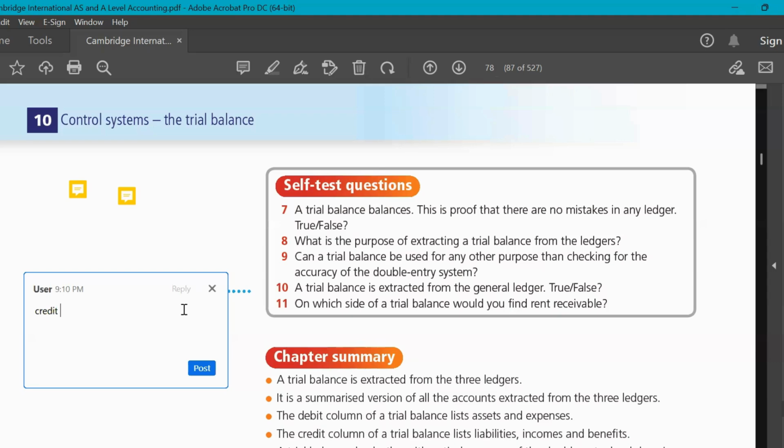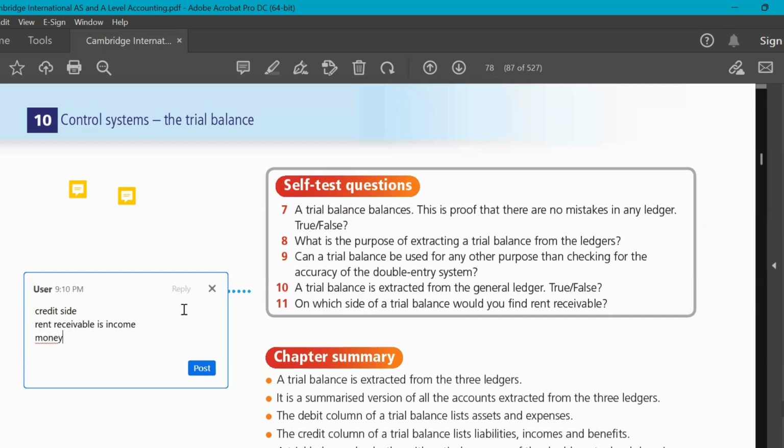On the trial balance, you will find rent receivable on the credit side. Why? Because rent receivable is an income. Again, this is a receivable, but then you have the word rent, so rent receivable is actually an income.